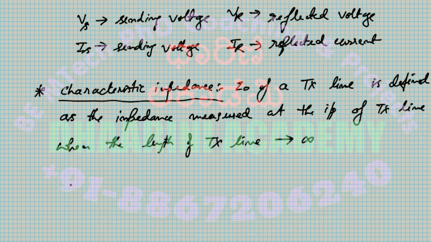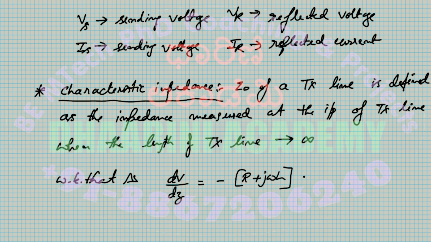So I'll just write here. We know, directly from equation 8 of the previous part, that dV by dz is equal to negative (R plus j omega L) into I. Before I call it by some name, I slightly modify.